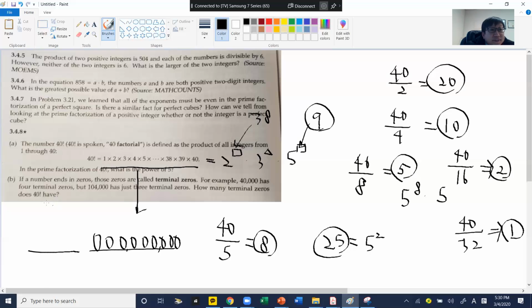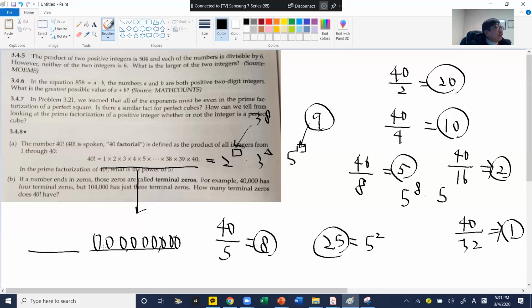How about B? Terminal zeros, okay? For example, 40,000 has how many zeros? I already asked it. We already got the answer for B. So 9, because it's 2 times 5.